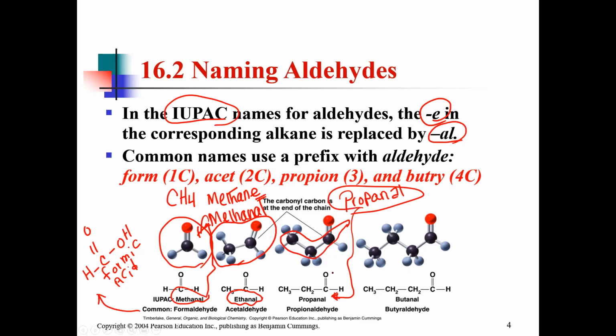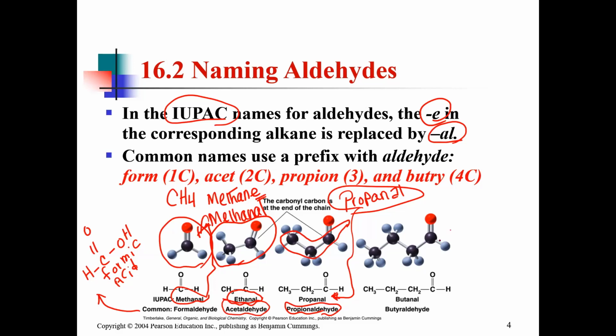Now, what is the common name? Propionaldehyde. In this case, ethanal has a common name as well. The common name for ethanal is acetaldehyde. Where is acetaldehyde coming from? Acetaldehyde is named after acetic acid. Acetic acid has got two carbons. That's the acid in vinegar.